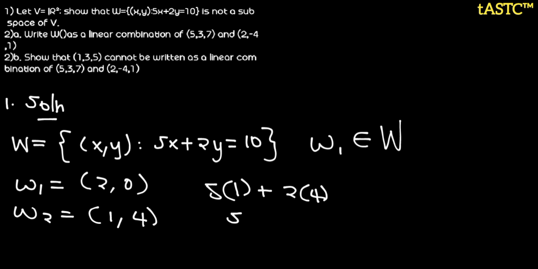So this is 5, and here we have 2 multiplied by 4, which gives us 8. Now 5 plus 8 is obviously 13. 13 is not equal to 10. So what that means is 1 comma 4 is not a vector under this set, and so we're going to say that W2 is not an element of the set W.